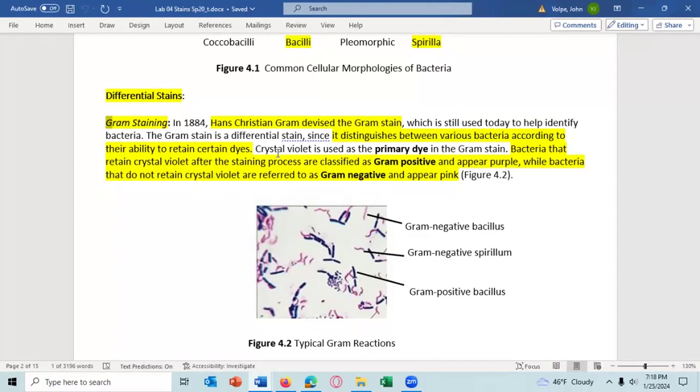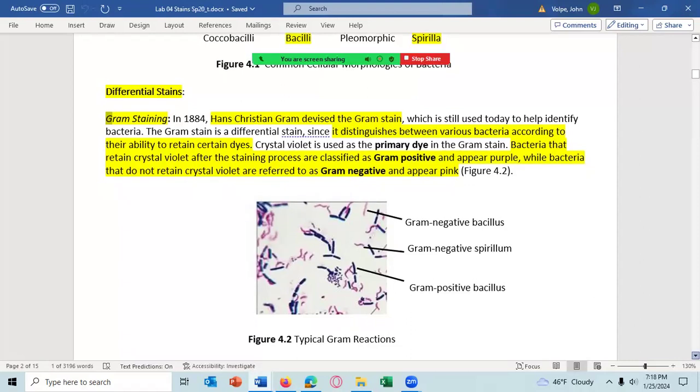Bacteria that retain the crystal violet, or the primary dye, are called gram-positive cells, and they appear purple, while bacteria that do not retain the crystal violet, meaning they lose the crystal violet, are referred to as gram-negative, and they appear pinkish. So here we have a gram stain of many different species of cell.